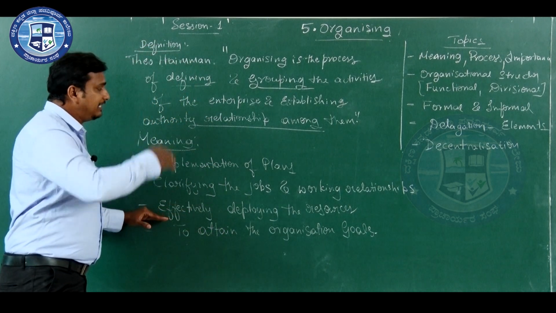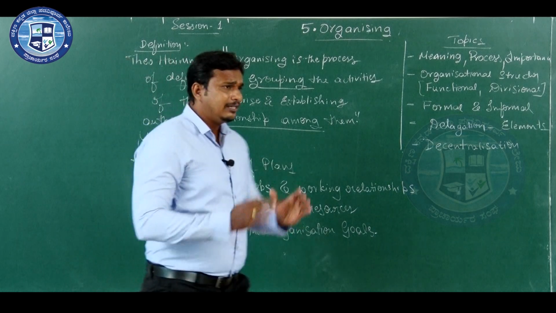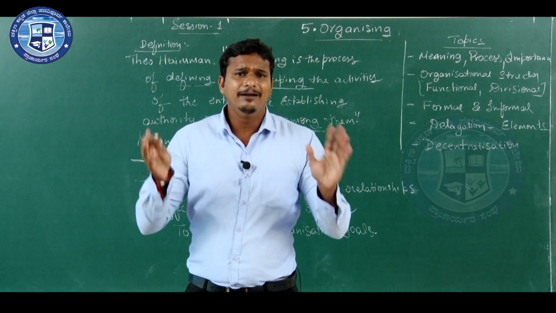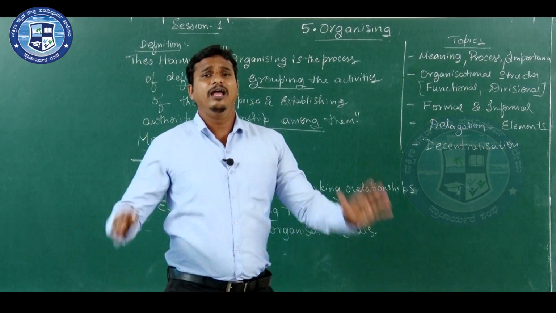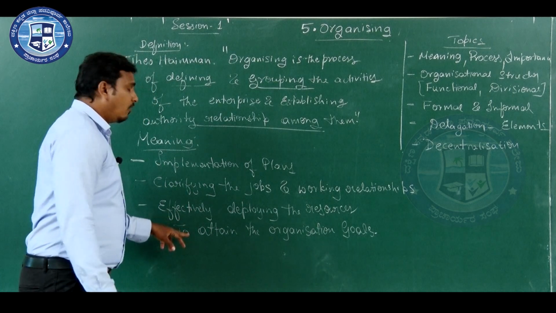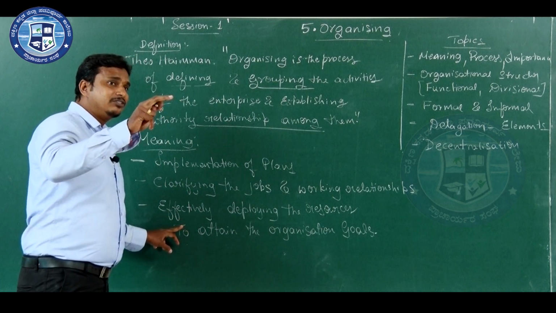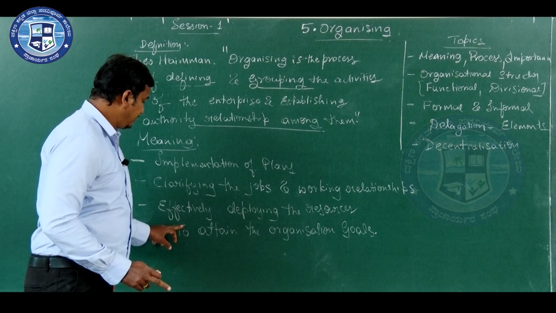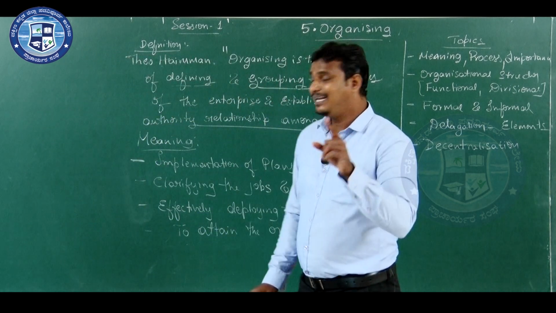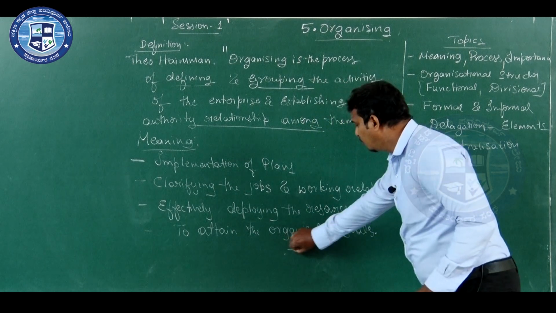And effectively deploying resources. The company has resources like men, material, money. Everything has to be utilized in an effective manner. Why? The purpose is to attain the organizational goals.